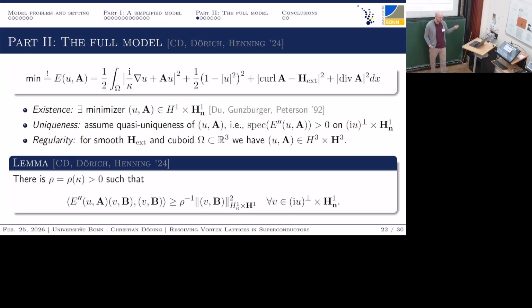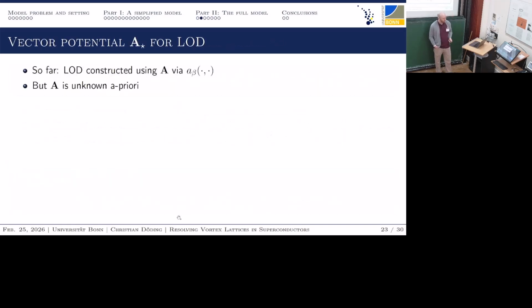That gets very small for large kappa. However, the LOD construction I showed you relied on the fact that we know the A. So the bilinear form that I chose was fixed once I know such an A, or it is based on knowing the A, which I do not know a priori if I want to solve the full problem.